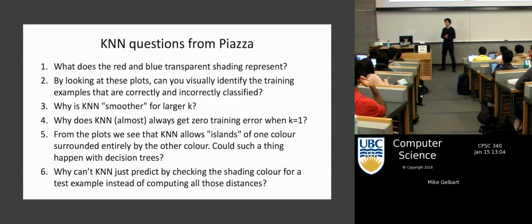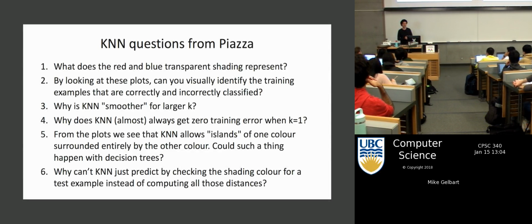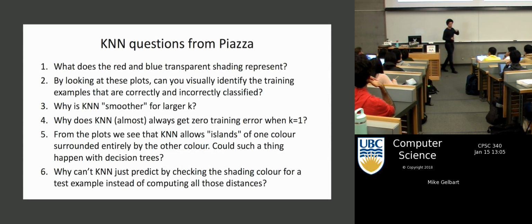Right. So to paraphrase what Oliver said, when k equals 1, you're just looking for the one closest point in the training set. And furthermore, when you're computing training error, it's like saying for each point in the training set, what is the closest point in the training set? But that'll just be itself with a distance of 0.